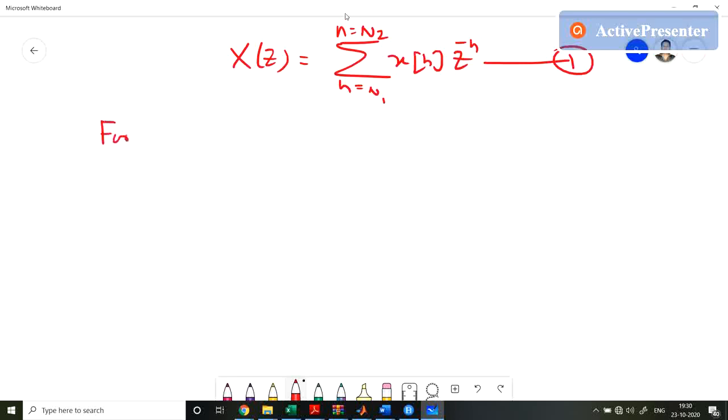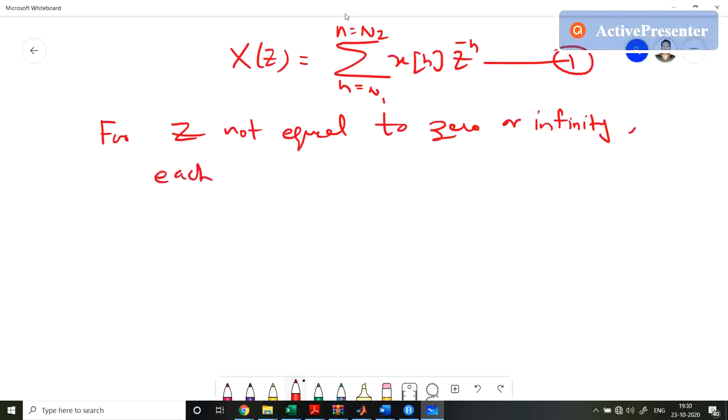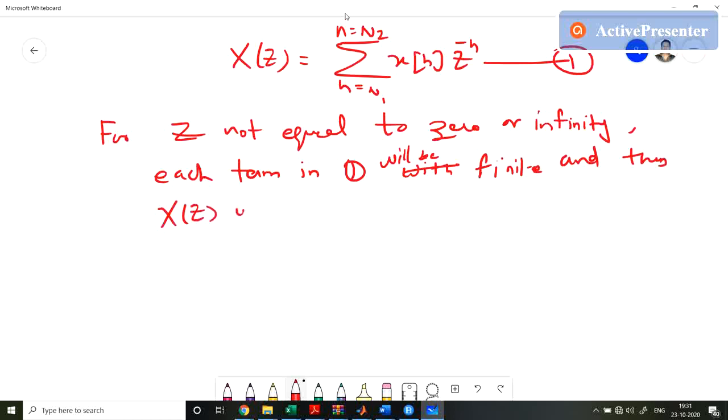For z not equal to 0 or infinity, each term in equation 1 will be finite, and thus X(z) will converge.